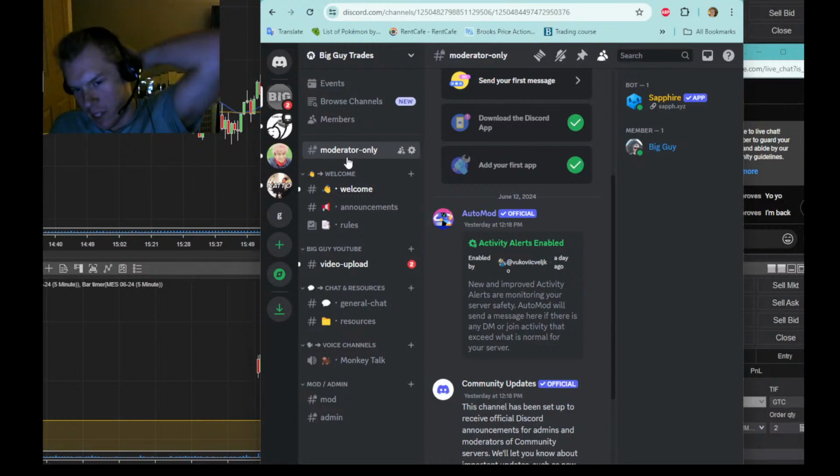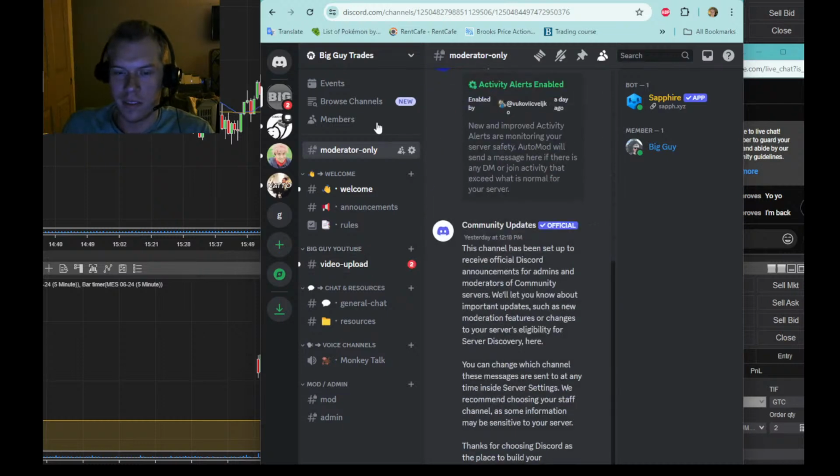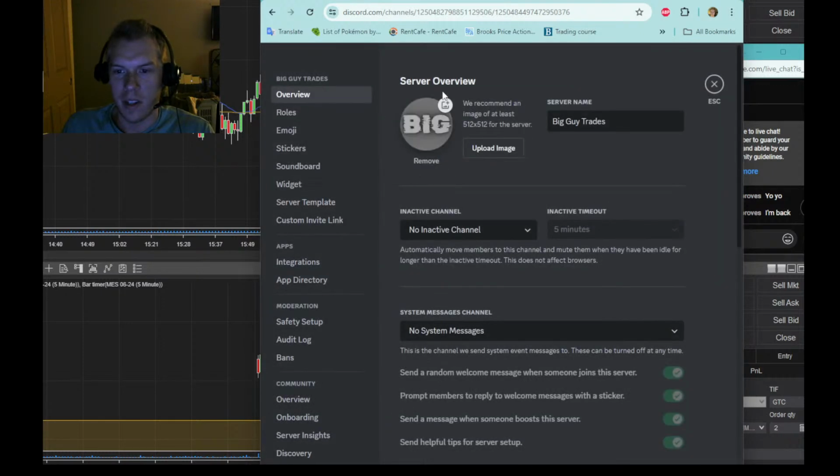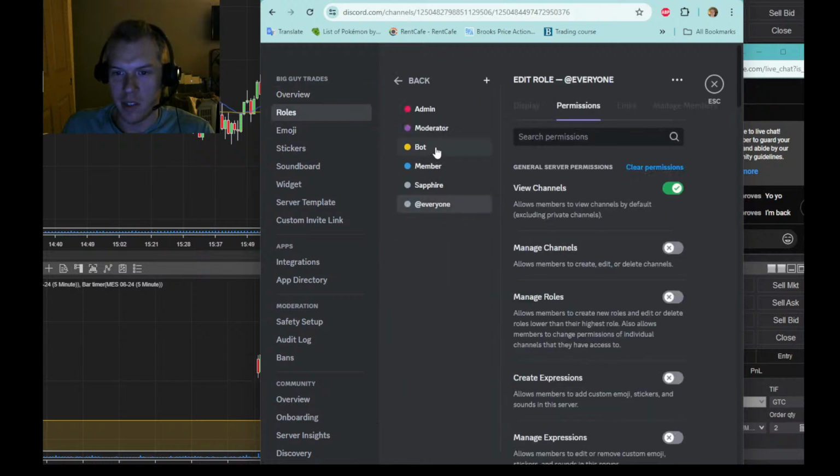So yeah, I spent a couple hours last night just watching videos, learning about some of the different features like the permissions. I made an icon for it, changed the server name. I was looking into the different role permissions.